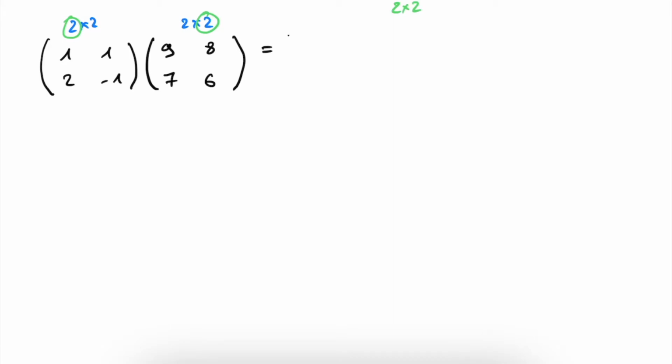So let's now get into the procedure again by looking at the first element on the first row and the first column. To get this element again, we look at the first row of the first matrix and the first column of the second matrix. In the same fashion, we multiply these two numbers and we add the product of these two numbers, which gives us 1 times 9 plus 1 times 7.